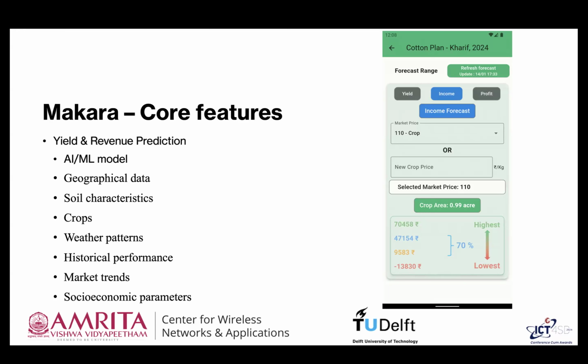We are going to implement it and then see how valid these predictions are in this season. But we have done some historical data collection surveys in the fields.